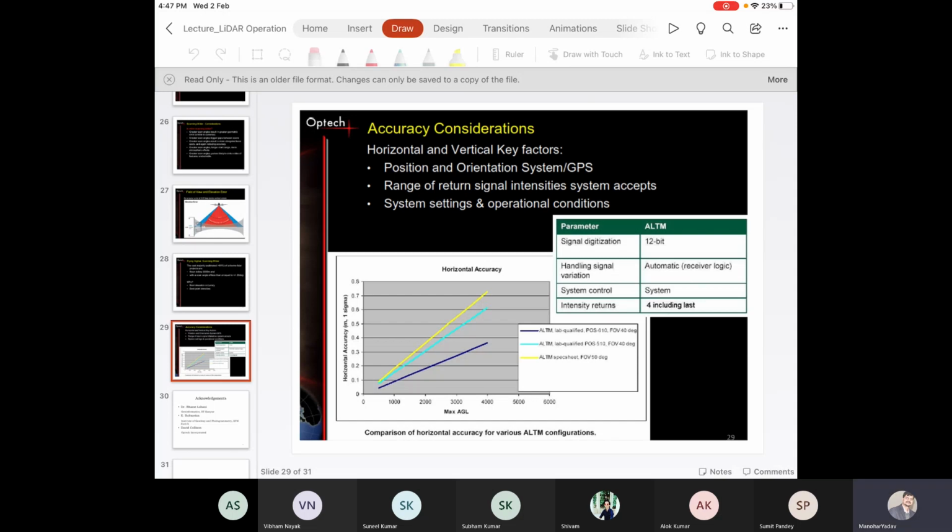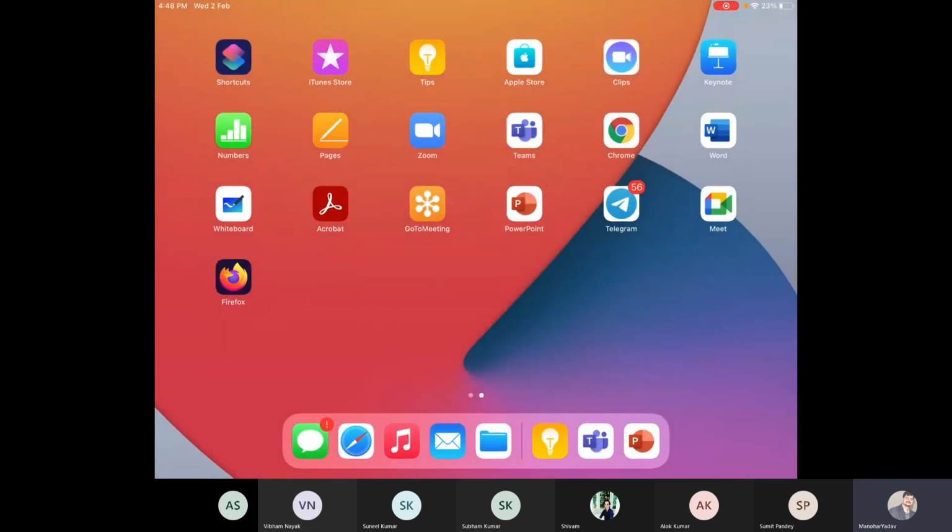Then the mathematical derivation: what should be the maximum pulse firing rate that can be obtained in the multi-pulse concept, if we have an option to fire n number of pulses before receiving the return from the first? What is the formula to calculate the pulse firing rate? Okay, so please let me know if there is any doubt.